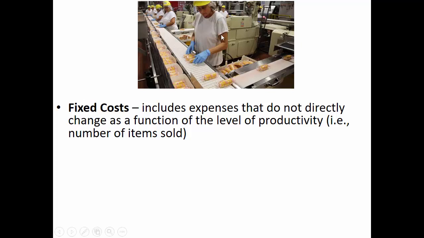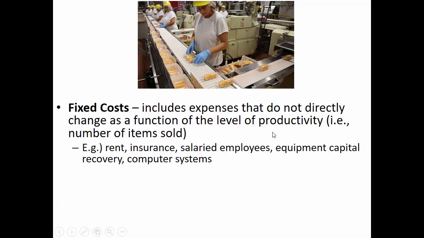So owning this equipment, you have to have a certain payment to whoever financed that equipment, regardless of whether you're using it or not. The rent for the building, salary for the managers doesn't change based on productivity or the level of effort. Here are some of the fixed cost items. They're usually included in an assessment of your fixed costs.